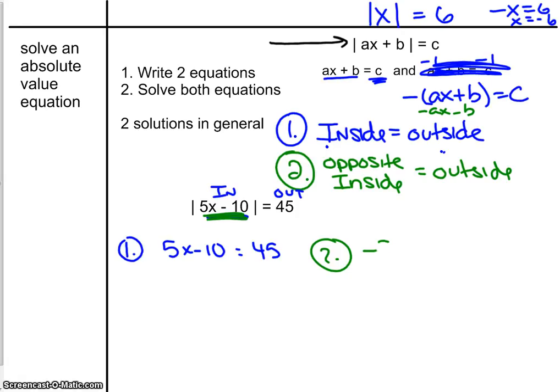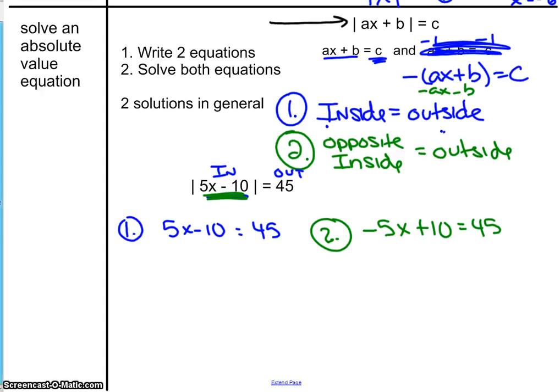So I'm taking the opposite of the 5x, so I'm changing it to negative 5x. I'm taking the opposite of the negative 10, so it becomes plus 10. And that's still going to be equal to the outside. So the number on the outside is always going to stay the same. That distance is always going to remain what it is. And that's one of the other things we want to look at in terms of why we do it this way. We're always saying something's 45 units from 0.